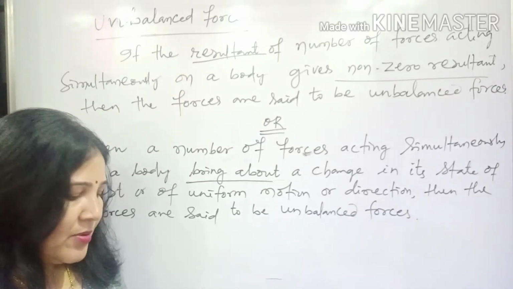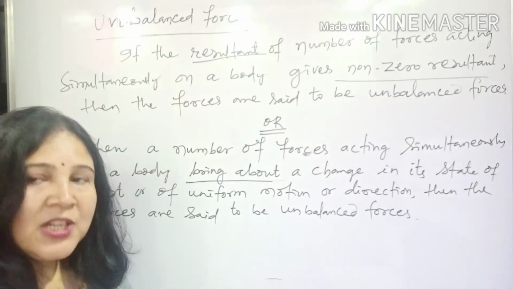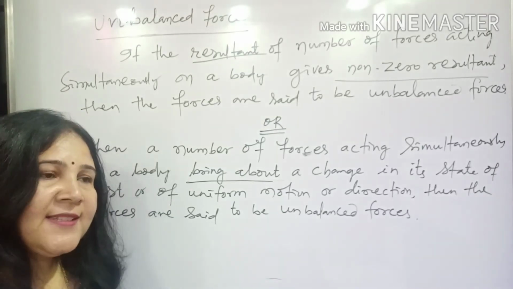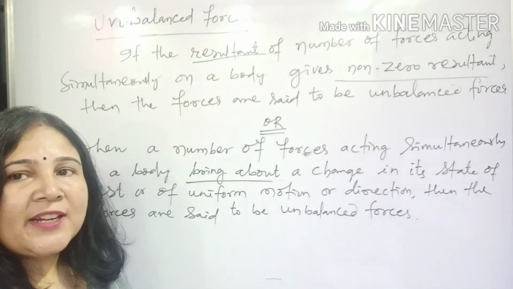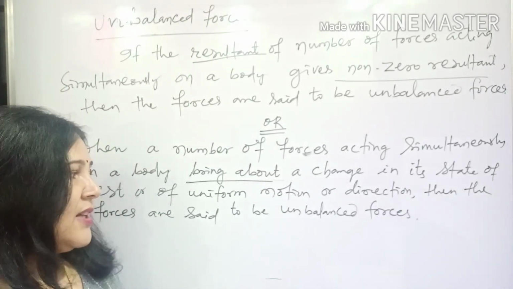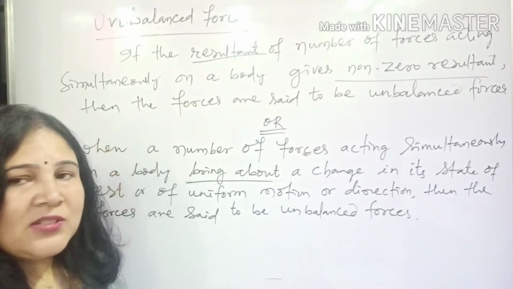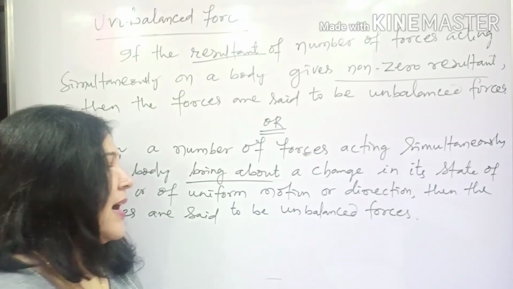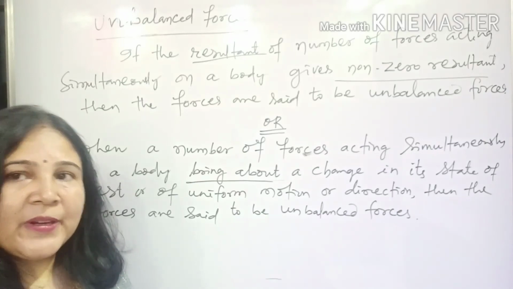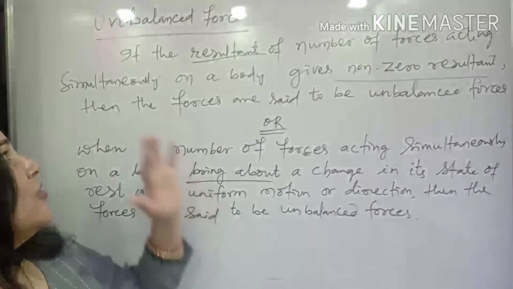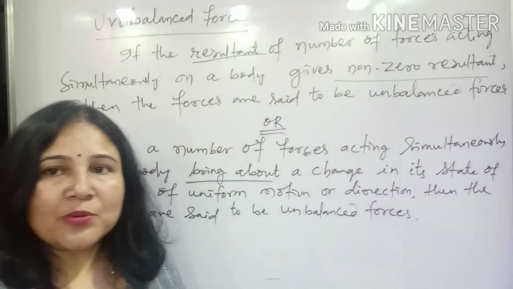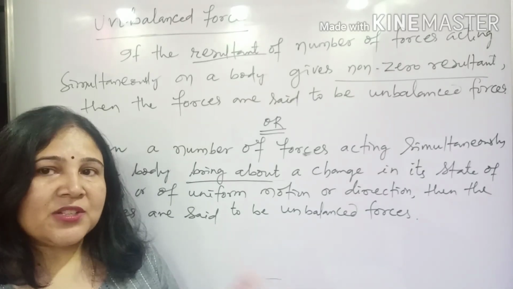That means the state of rest changes, the state of motion changes, and even the direction can change due to this net force. Then these forces are termed as unbalanced forces. So you must be clear about what is balanced force, what is unbalanced force, and the difference between them.